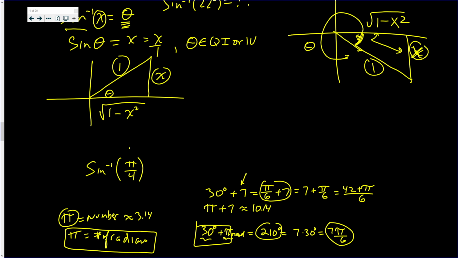Okay, this number, pi, is approximately 3.14. If I divide it by 4, it's less than 1 and it's bigger than 0. That is, this number is bigger than negative 1. This number is in between negative 1 and 1.